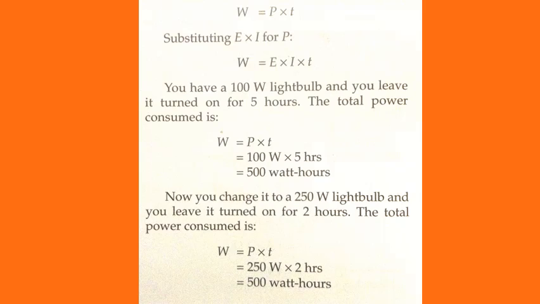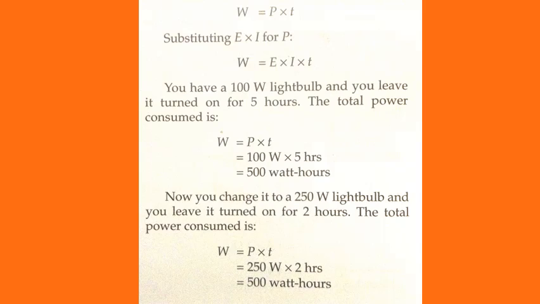You have a 100 watt light bulb and you leave it turned on for 5 hours. The total energy consumed is W equals P times T, which is 100 watts times 5, or 500 watt hours. Now you change it to a 250 watt light bulb and you leave it turned on for 2 hours.